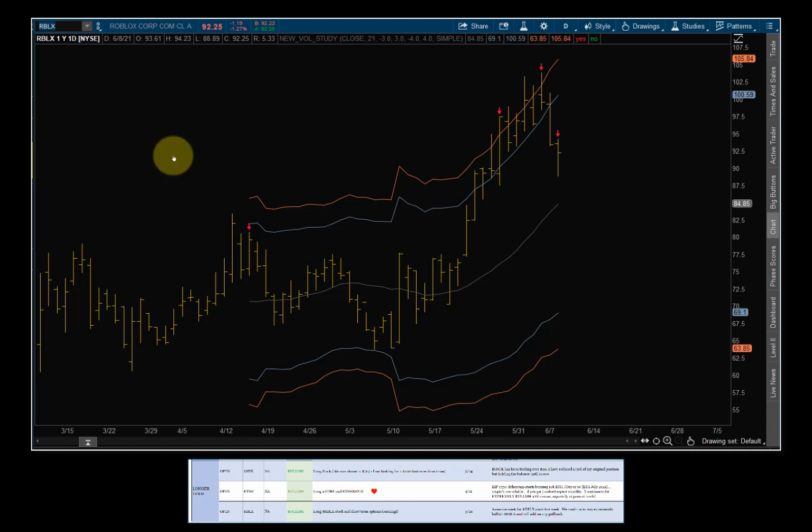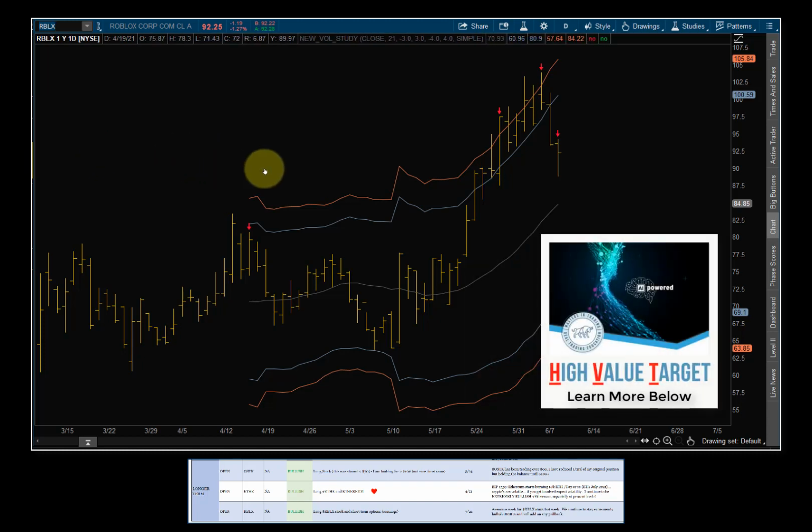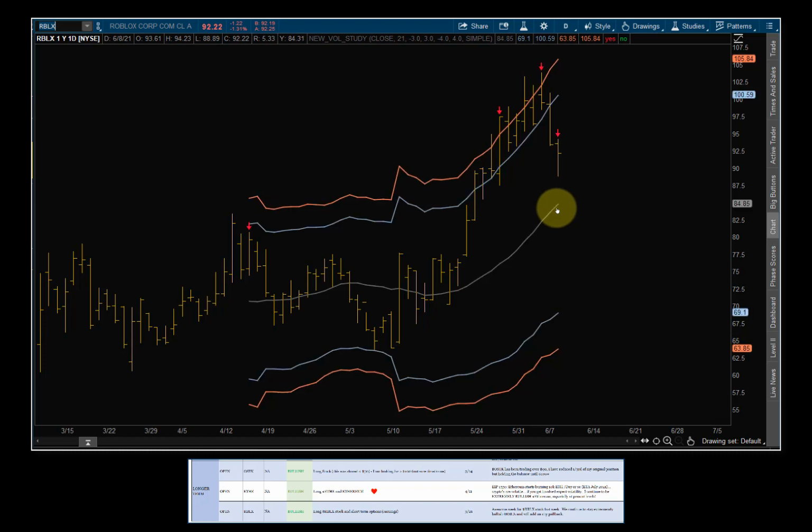And right now I'm using my favorite tool. We call this the high value target tool. The way this tool works is super simple. Here's Roblox. This is just a 21-day moving average of historical volatility. So Zach, we went over volatility earlier today. This is just a 21-day average of that historical volatility, of that historical movement.